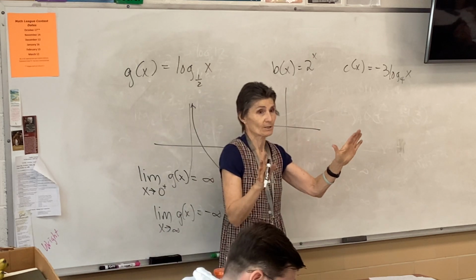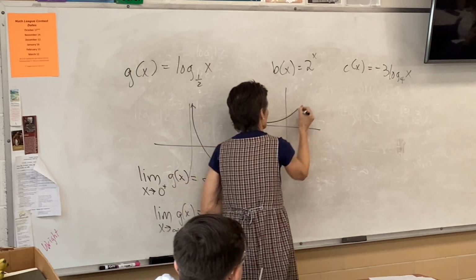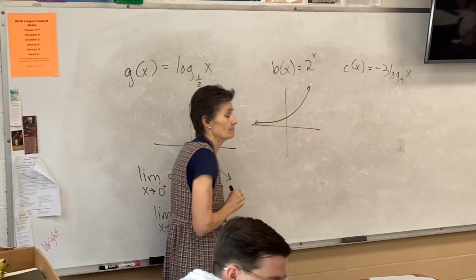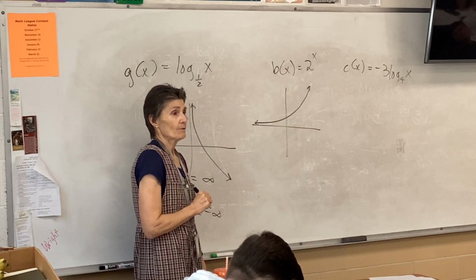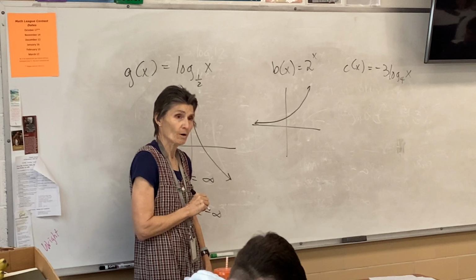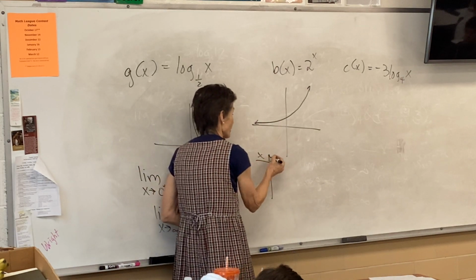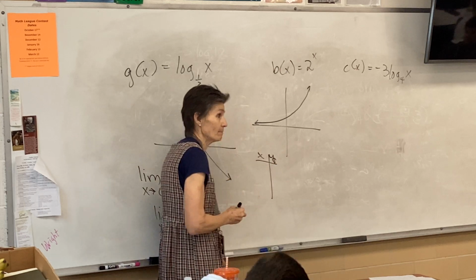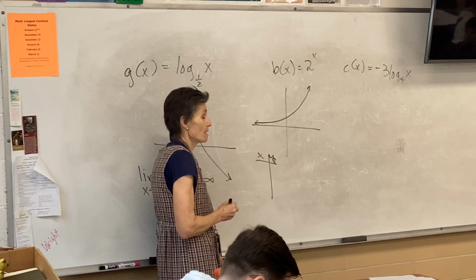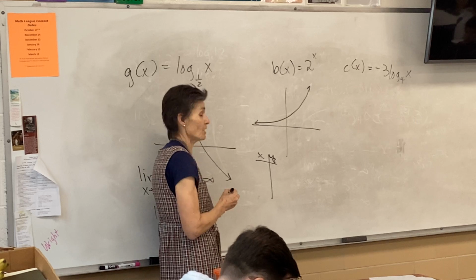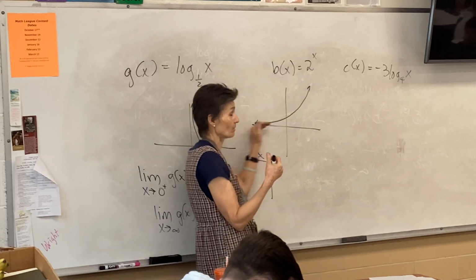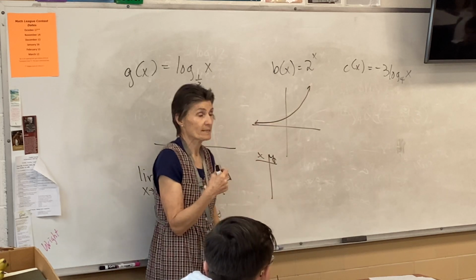Yep, Emily, you got it. It's just like this. Perfect. If you have to make a more careful graph, you can always set up a T-chart and plot points, right? Always. But in this case, we just want to know, is it increasing or decreasing? Clearly it is increasing.